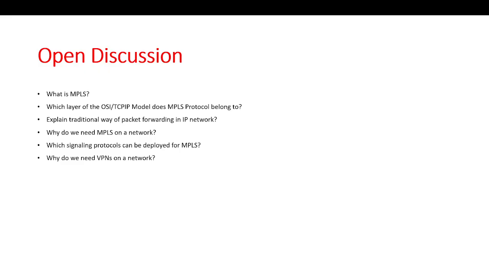Okay, thank you. So that is correct. MPLS works at layer 2.5, the layer between the network layer and the data link layer. So we know that we have so many protocols, and these protocols serve different purposes, and we need to be able to support all these protocols on our network.